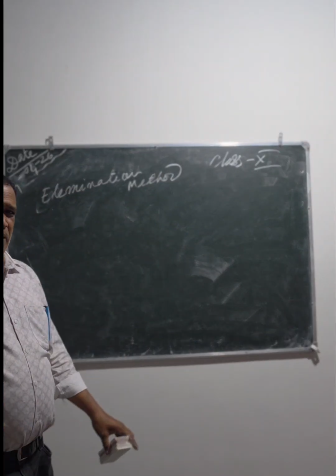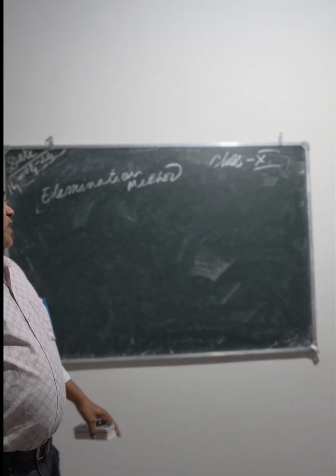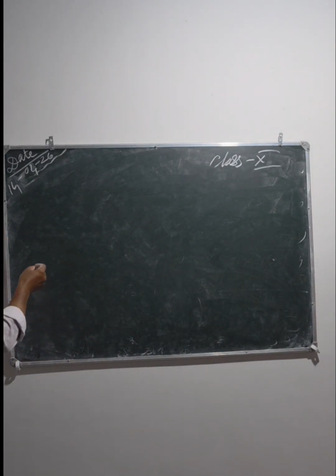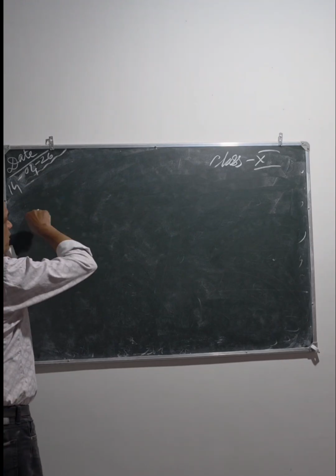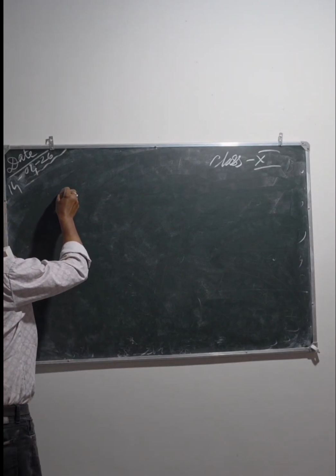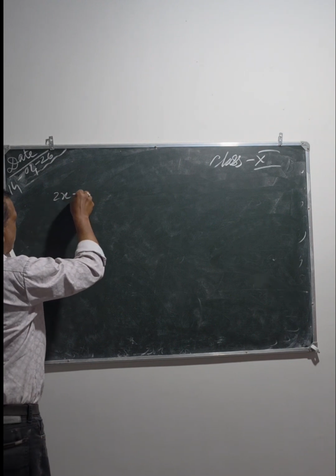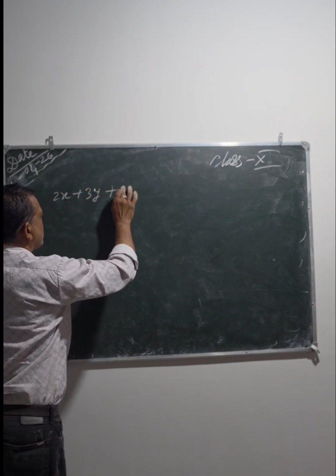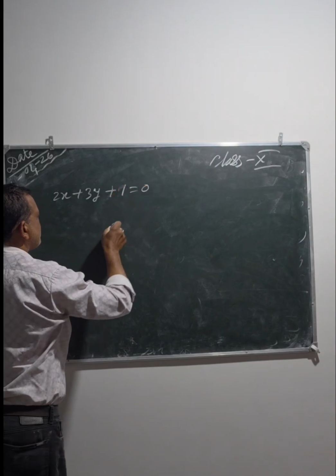So let us take one example of any equation. Let us take one more example for the method of elimination. Say twice x plus 3y plus 1 equals 0.